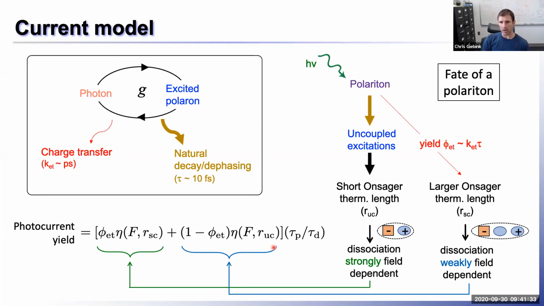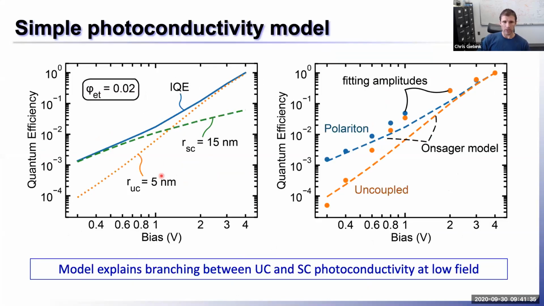And if we take this type of model and put in some basic numbers, for example, the field dependence in the Onsager model for the photoconductivity from just uncoupled excitations is the orange line here, and those from strongly coupled excitations is the green line here. Now, as I said, the vast majority of polaritons just decay naturally into uncoupled excitations, and so at high bias these dominate.